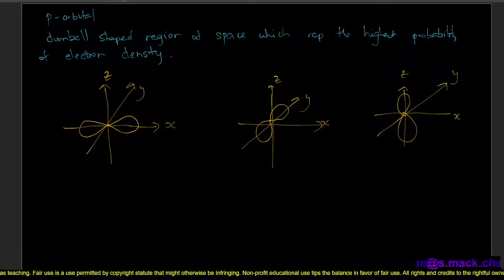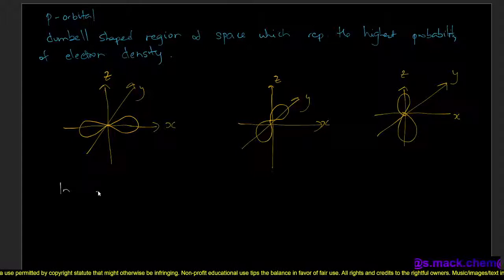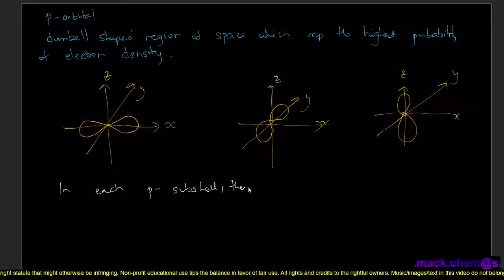Right, so I'll make sure and include that here. Right, so in each p subshell, there are 3, and I want to leave a space for a word here, 3 p orbitals.